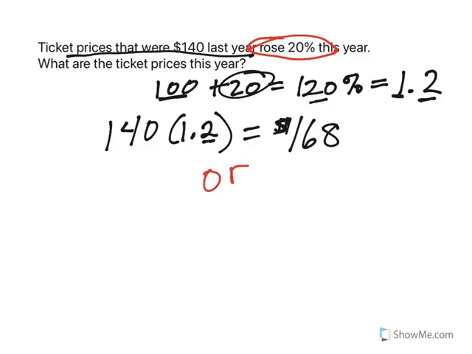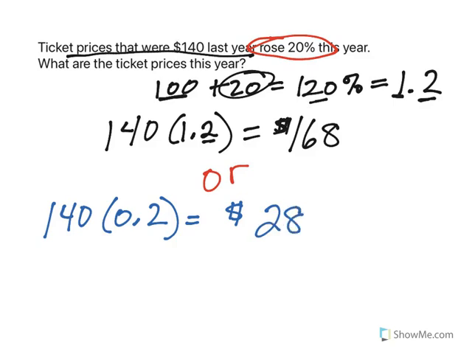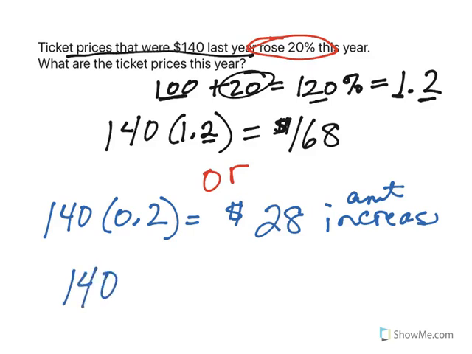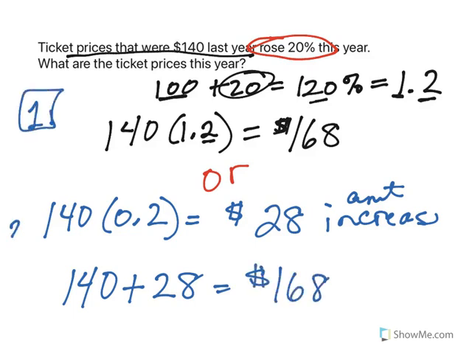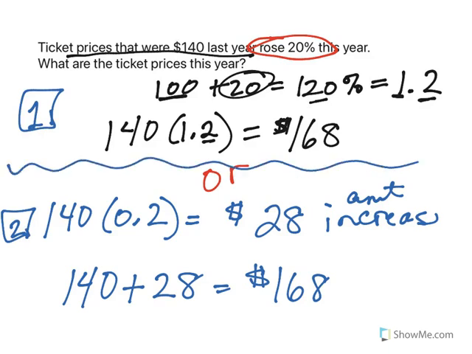If there were a 20% increase, I could just multiply by the 0.2, which is the increase, and that tells me that they've increased $28. That's just the amount of increase. So then they were 140, they increased 28, and that gives us the total of 168. So this example has two different ways you could do it. I tend to stick with way number 1, just makes it a little easier.